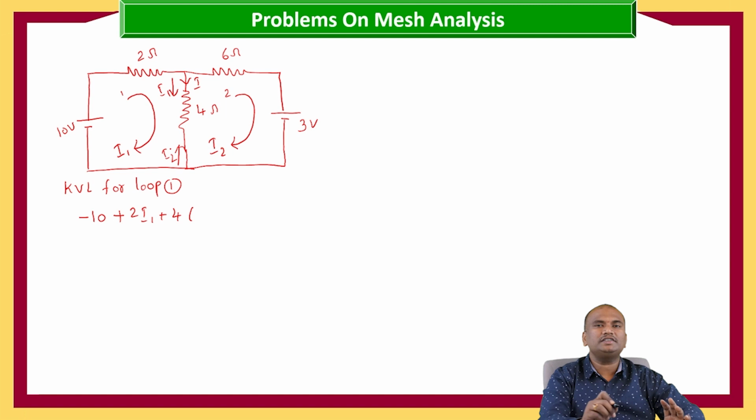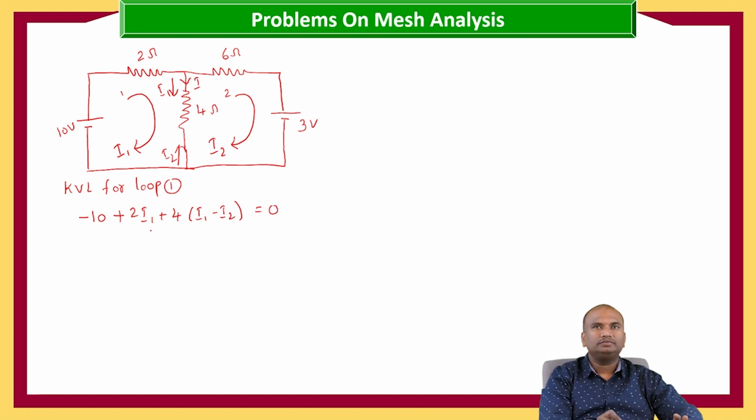But our assumption is that the current is in the direction of the mesh current, because the mesh 1 current has higher magnitude. That means we have to write the equation as I1, and I2 is in the opposite direction, so we have to write it as I1 minus I2, equals 0, because the algebraic sum of voltages in a closed path is equal to 0.